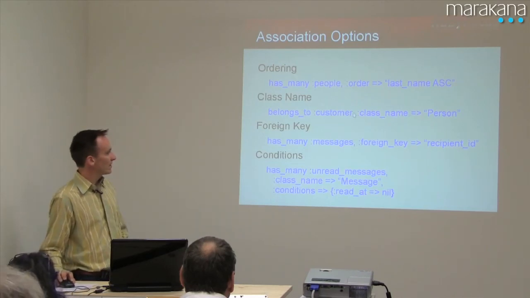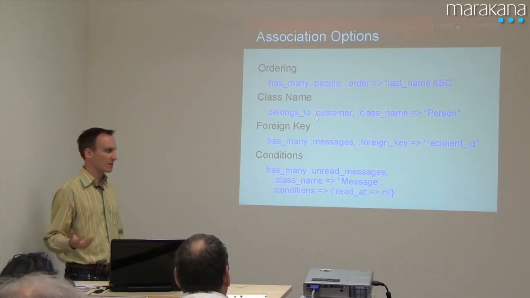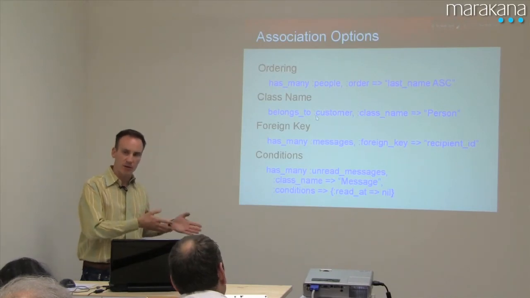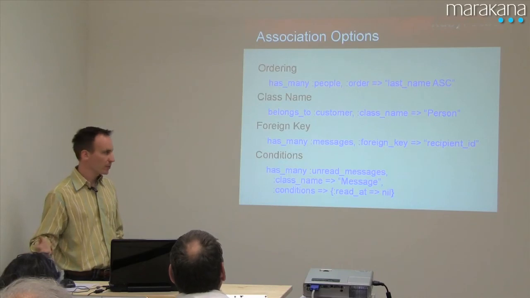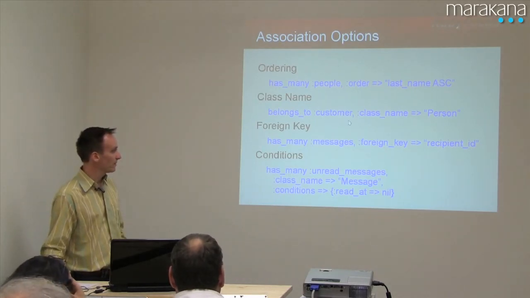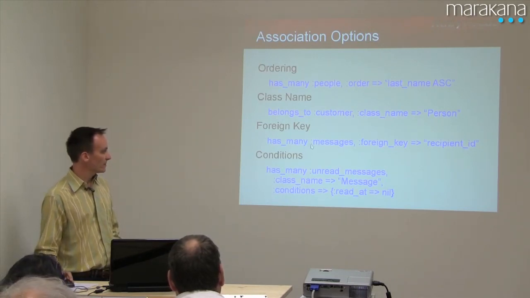You could check for class name. So we might have an application that has a concept of customers, but we have a table called person and a model called person. Then we want to reuse that people table or that person object as customers, and we can just rename it this way. Conversely, foreign keys.